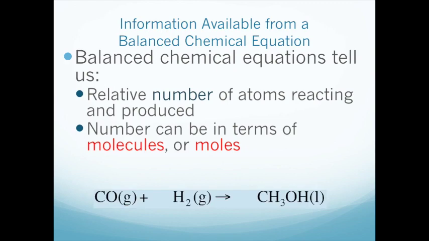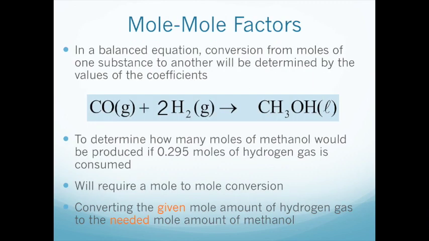Here's another reaction: carbon monoxide gas plus hydrogen gas to yield methanol liquid. In this case, you need 2 moles of hydrogen gas to react with 1 mole of carbon monoxide to produce 1 mole of liquid methanol.